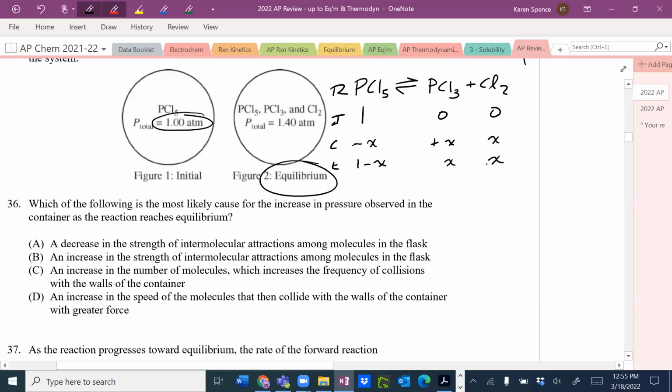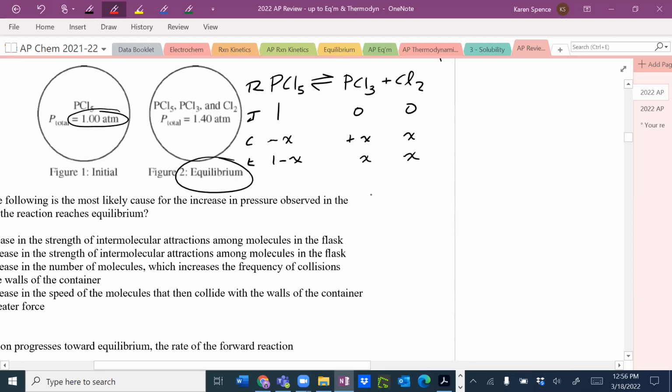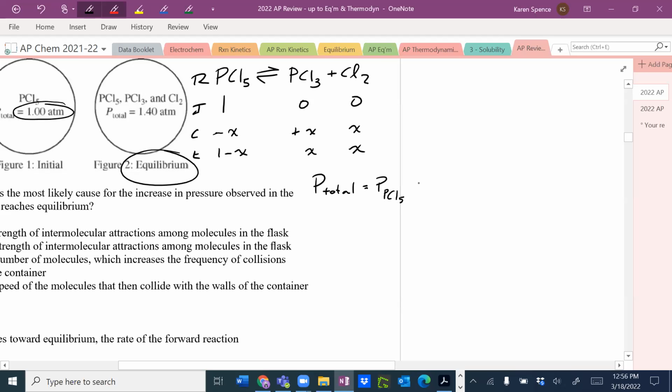And we know that the total pressure is equal to the pressure of the PCl5 and the pressure of the PCl3 and the pressure of the Cl2, because the total pressure is always equal to the sum of the partial pressures.